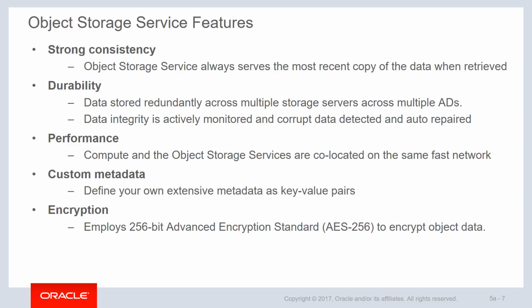Data integrity is maintained with active scrubbing functions. Typically, there are 3 to 6 copies of a given object in the service. That means that we can easily sustain the failure of a storage device, of a network link, or potentially even a catastrophic failure impacting an entire availability domain without compromising the durability of the customer's data.